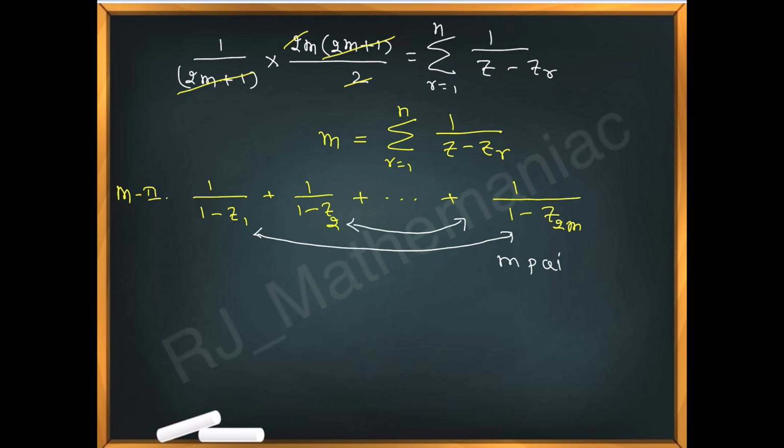Similarly, z2 and z2m minus 1 can be added, so we know that there will be m pairs. Let me check the value of each pair, and then accordingly we can write the value. So first and last term added gives 1 minus z2m plus 1 minus z1, divided by 1 minus z1 multiplied with 1 minus z2m, plus and so on, these are m pairs.